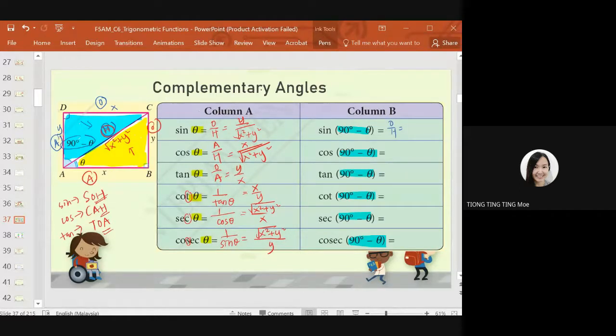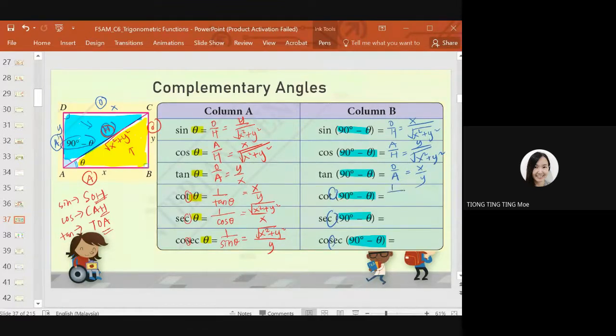So opposite over hypotenuse is x over the square root of x squared plus y squared, the hypotenuse being the same. Then cos is adjacent over hypotenuse, where the adjacent is y. Tangent is opposite over adjacent, x over y. Then after this, we find cotangent, same thing.